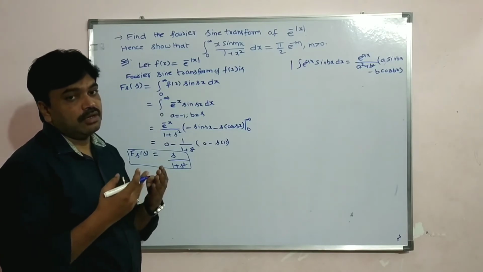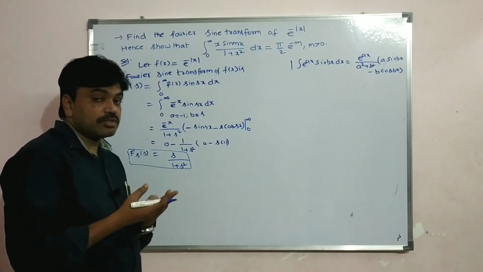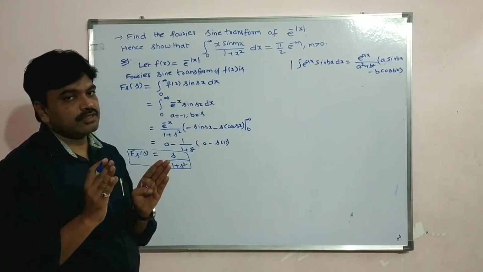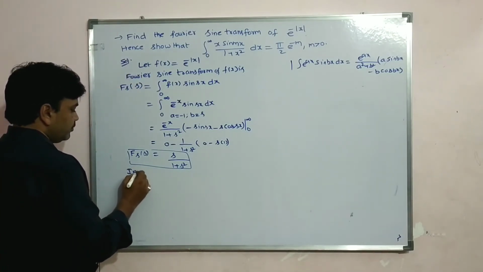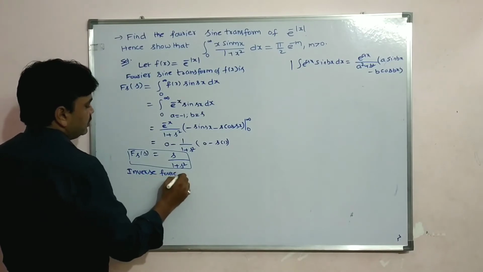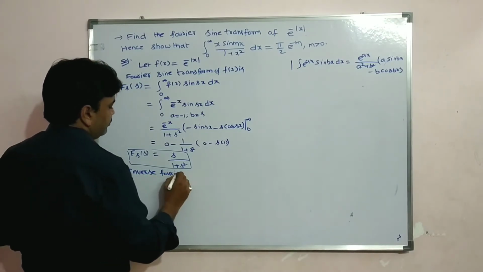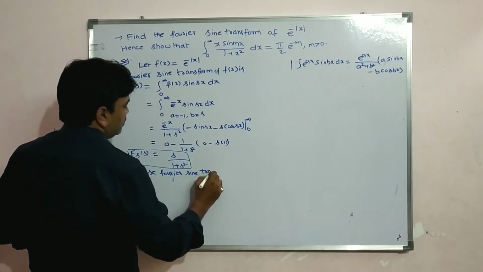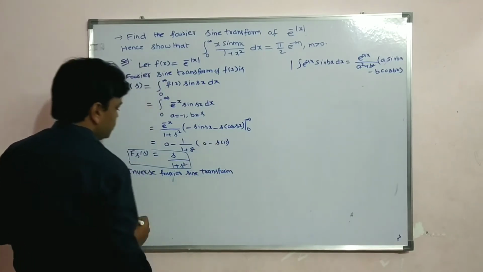If it is a cosine transform, we take the inverse Fourier Cosine Transform. If it is a Fourier Transform, we take the inverse Fourier Transform. Did you get my point, students? Inverse Fourier Sine Transform.